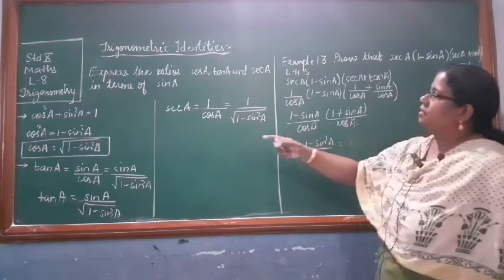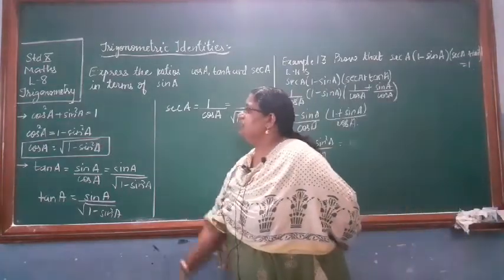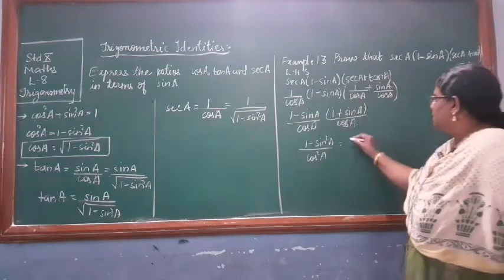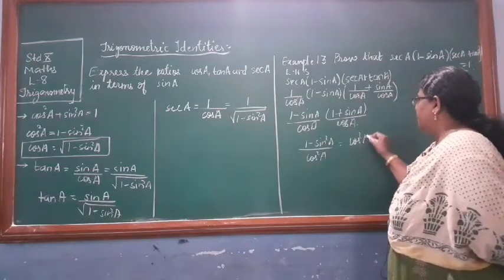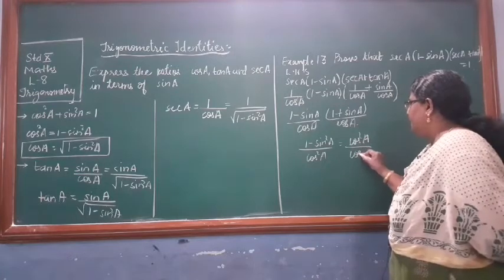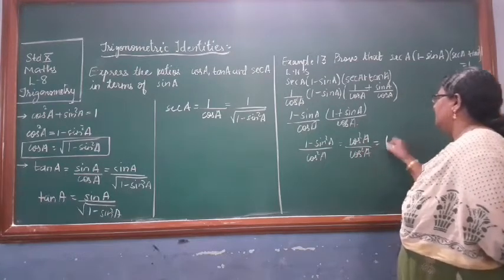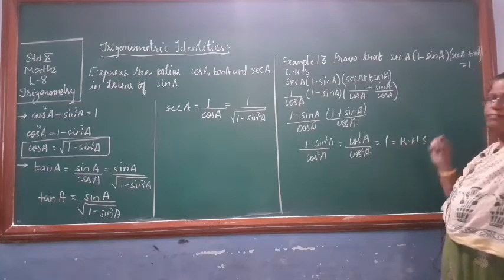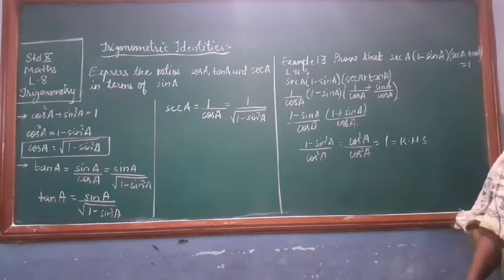According to the relation, 1 minus sin square A will be cos square A. So I can write cos square A by cos square A. This will be equal to 1, and that is equal to your RHS. Clear, no?